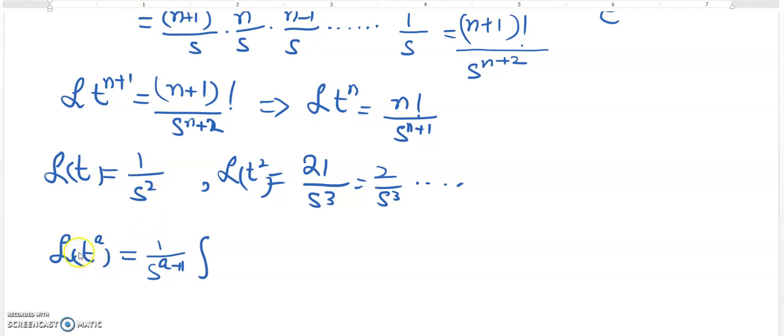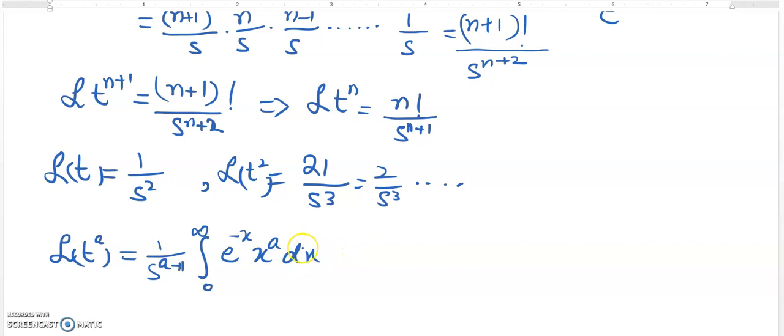So for this function, the Laplace transform of t power a will be s power a plus 1, and in the integral you will get e power minus x into x power a dx, from 0 to infinity.